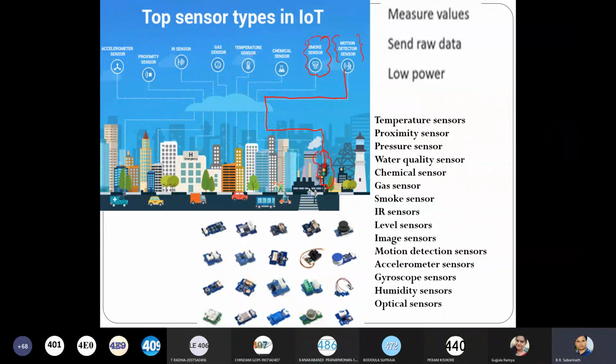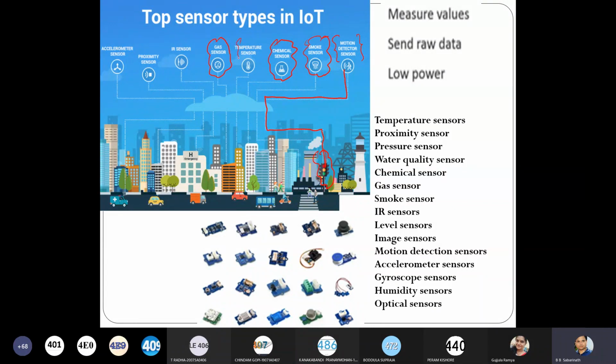You may deploy chemical sensors, for example, to measure pollution. You want to know where the pollution is happening in a smart city, and for that you can deploy chemical sensors. Like gas detection, you may deploy it for any gas leakage in an industrial process.